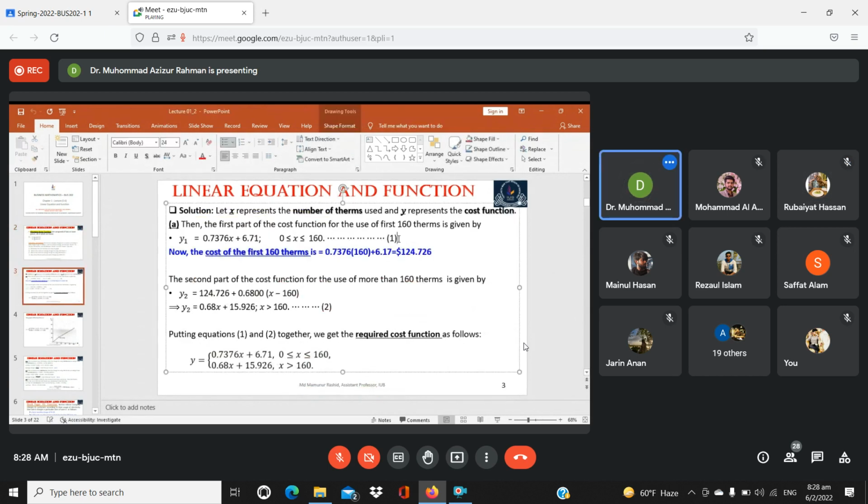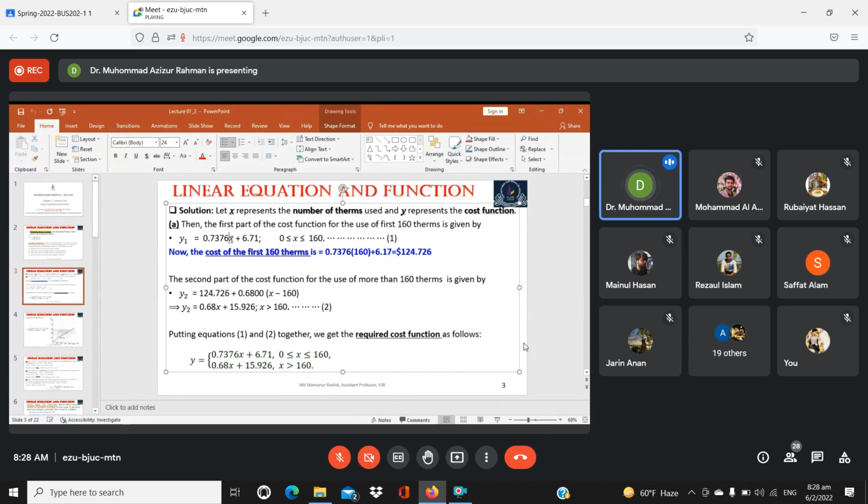So from the first portion, this is our cost function: y1 equals 0.7376x plus 6.71, and the condition is your usage cannot exceed 160. If you use 160 therms, what will be your cost?